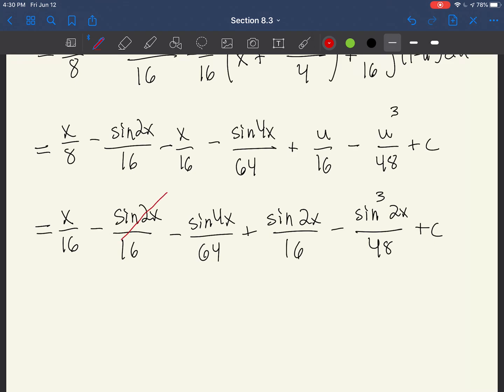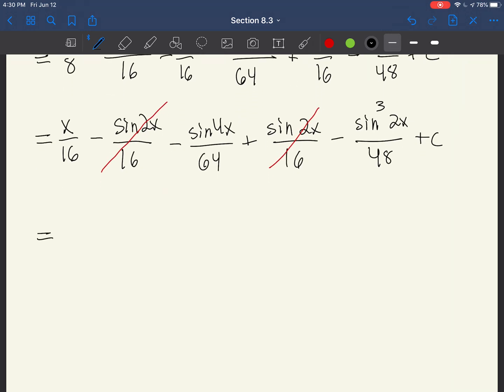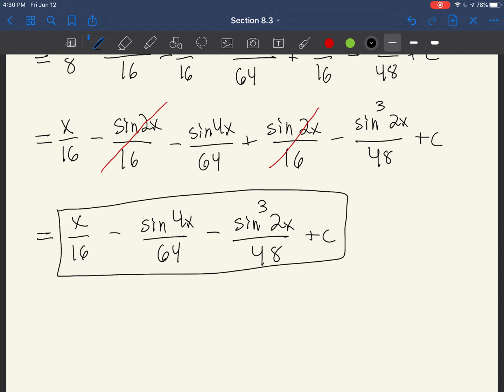And then we're basically done. We can just see that we can eliminate the negative sine of 2x over 16 and the positive sine of 2x over 16, leaving us with x over 16 minus sine of 4x over 64 minus sine cubed of 2x over 48 plus c.